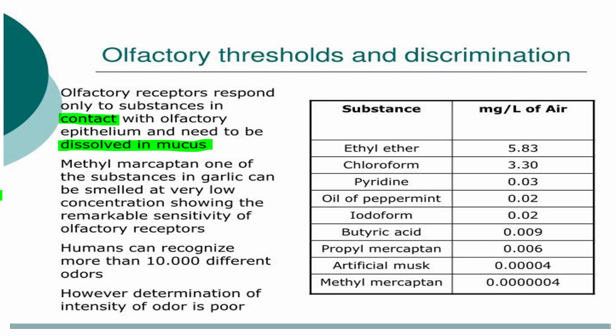Methyl mercaptan, one of the substances in garlic, can be smelled at very low concentration, showing the remarkable sensitivity of olfactory receptors. Humans can recognize more than 10,000 different odors. However, determination of intensity of odor is poor.